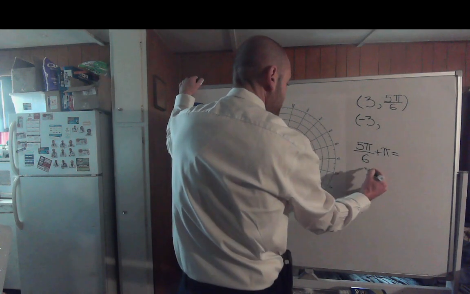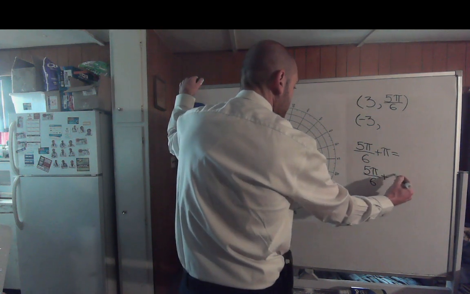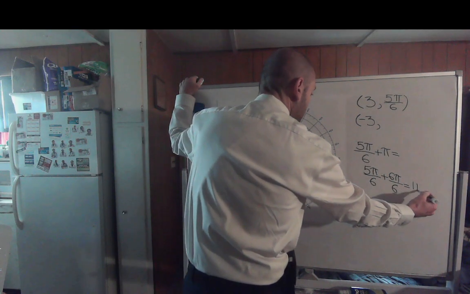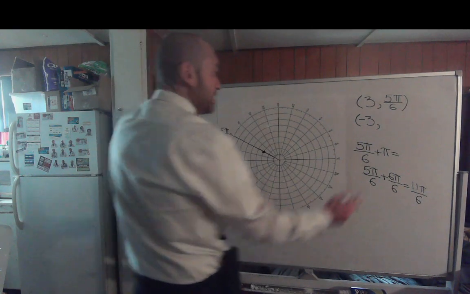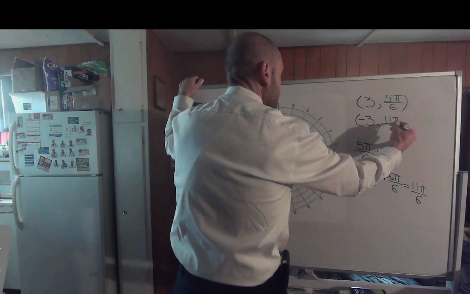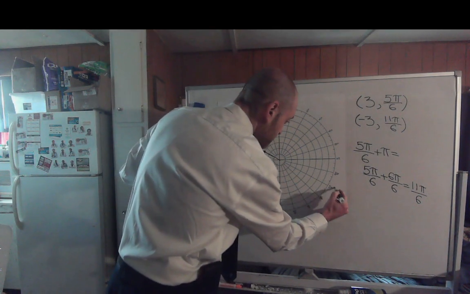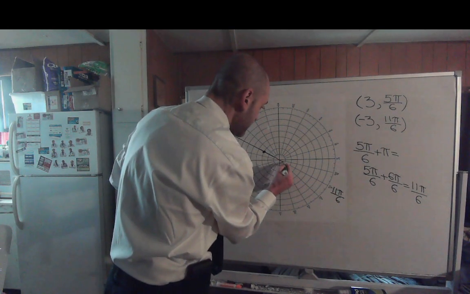Well, that's the same thing as 5 pi over 6 plus 6 pi over 6, which would give me 11 pi over 6. This is the exact same thing as (-3, 11 pi over 6). Because if I think about it, I go here to 11 pi over 6, which is found right there.